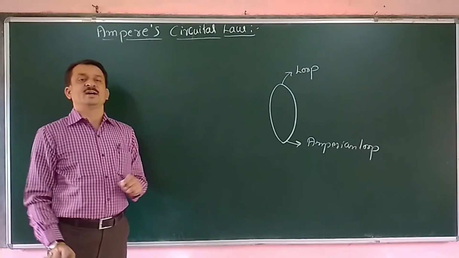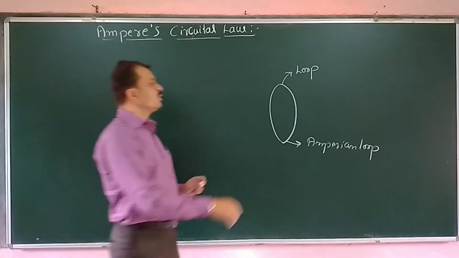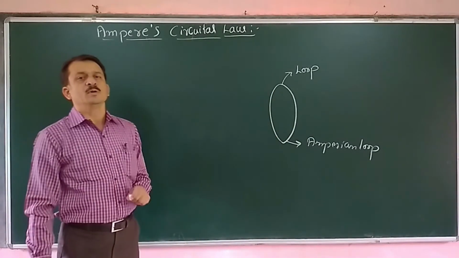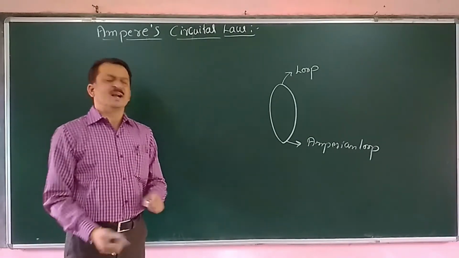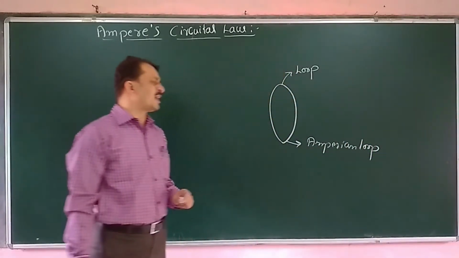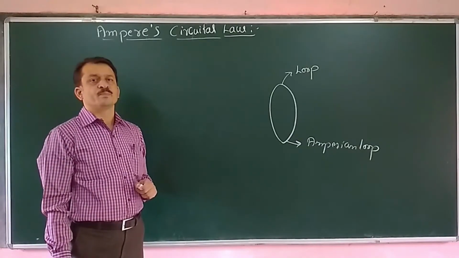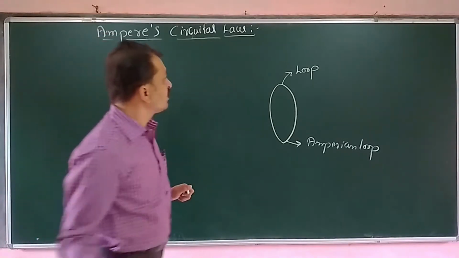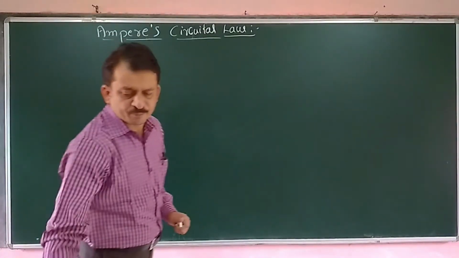In the same manner, in magnetism also, we consider this loop, and for that loop we apply Ampere circuital law, and hence that loop is called the Amperian loop. Now with this we will study one application of this Ampere circuital law.